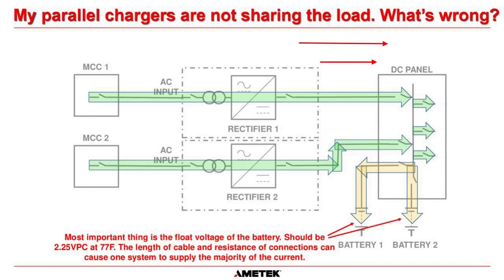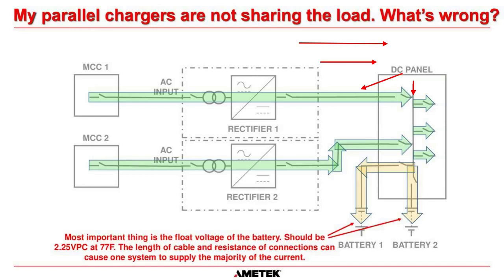And depending on where the batteries are located, you can see here the cable going to battery 1 is much longer than the cable going to battery 2. Obviously cable has inherent resistance. The longer the cable, the more resistance there's going to be.